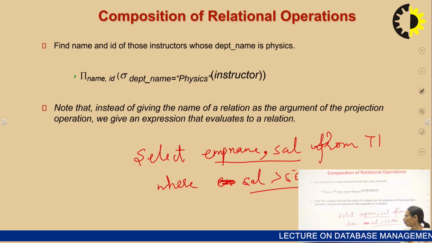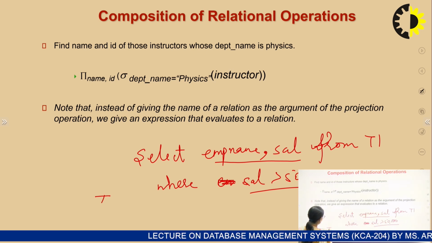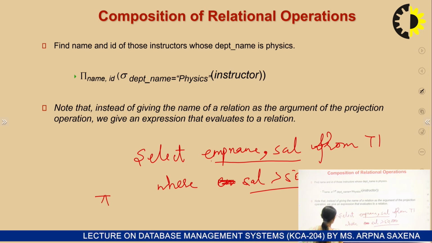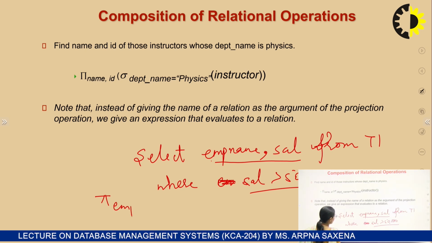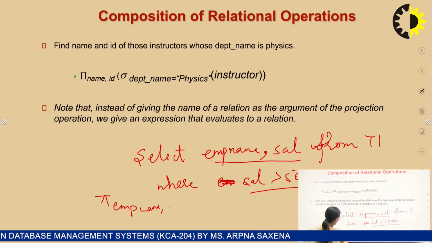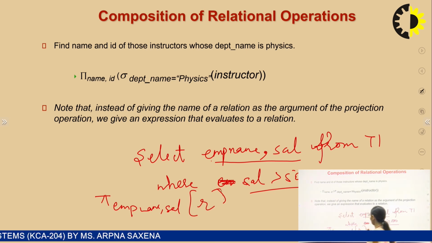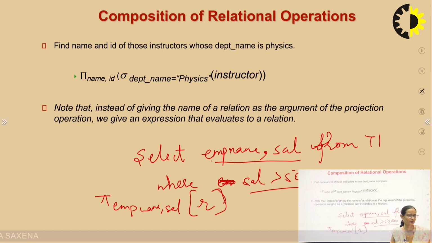So here I can write pi, that is employee name, salary. If you have gone through the previous example, here we are passing a relation, clear? And we are aware that the outcome is again a relation.